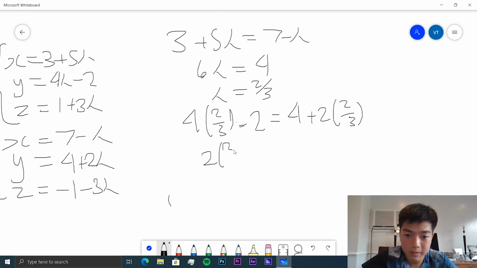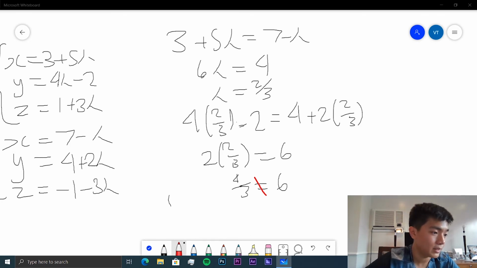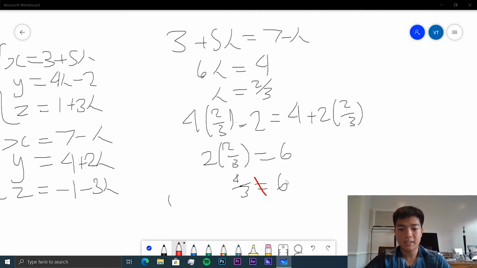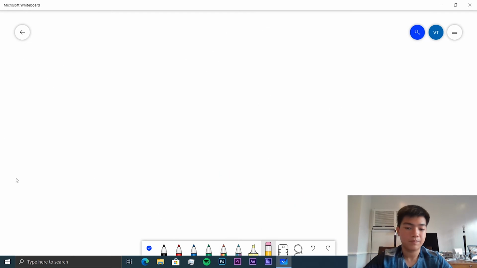So we have 2 times 2/3 is equal to 6, which is not correct. 4/3 does not equal 6. So these lines don't intersect, since if we have the same x value, they have different y values.